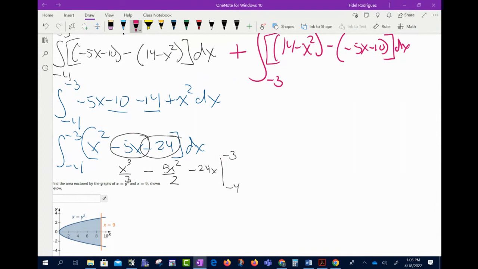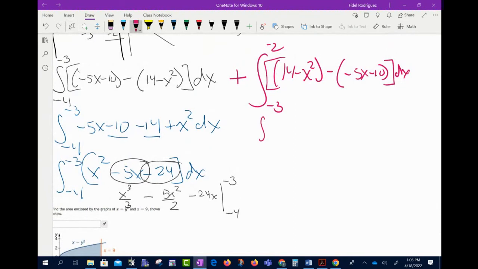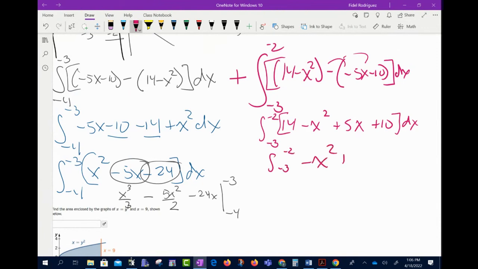Now remember, we're integrating from negative 3 now to negative 2, right? So we're doing this part right here. So from negative 3 to negative 2, let's go ahead and simplify some things. We have a 14 minus x squared. I'm going to distribute those negatives, so that's going to become a positive 5x and a positive 10, dx. Okay, so if I combine some like terms, I have a negative x squared, I have a positive 5x, and a 14 and a 10 is going to give me a 24.